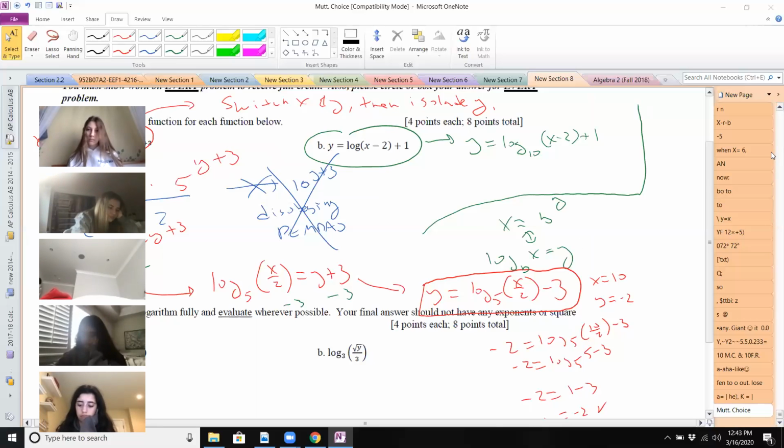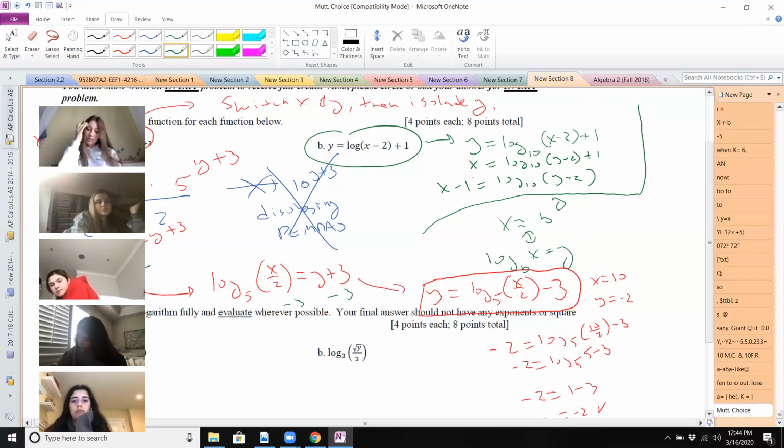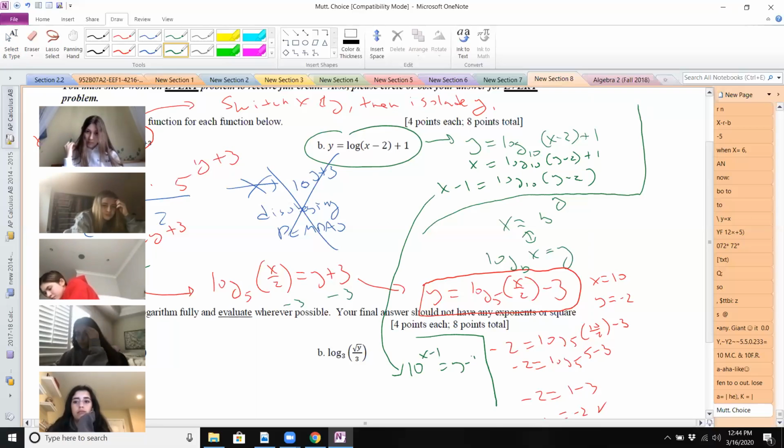Okay, so hopefully switch x and y. I think I could sneak this in here. And hopefully subtracted the 1. So you should have that at least. Now you want to do 10 to the x minus 1 power. 10 raised to the x minus 1 power equals y minus 2.